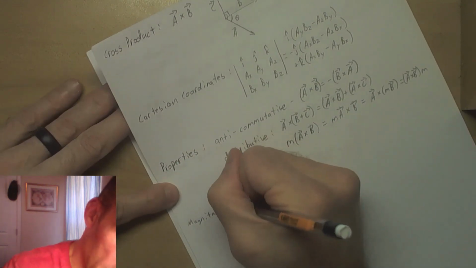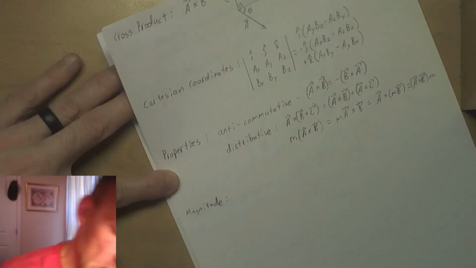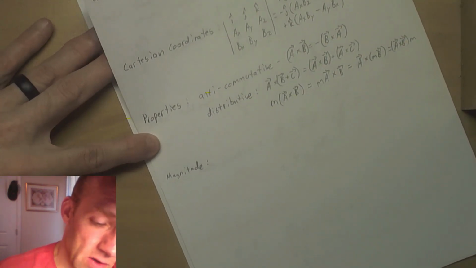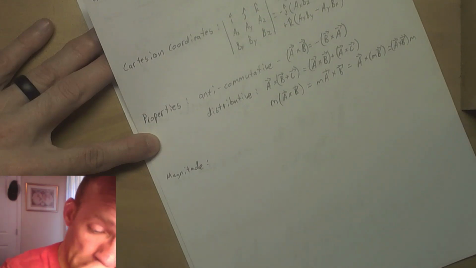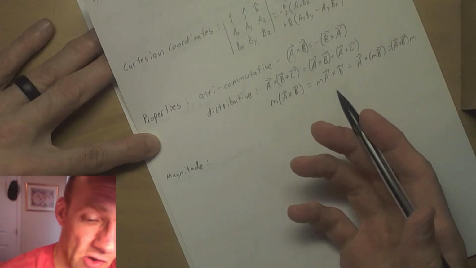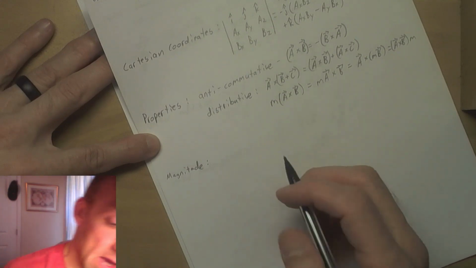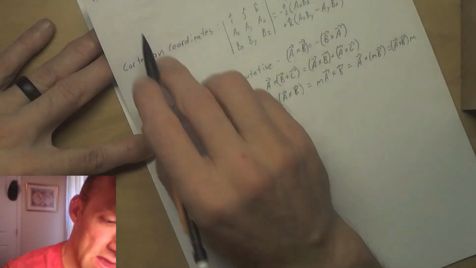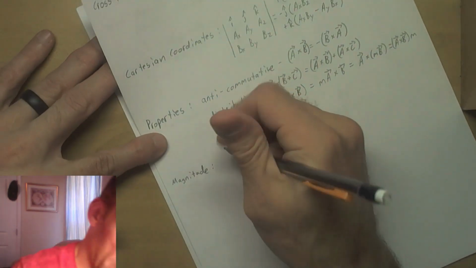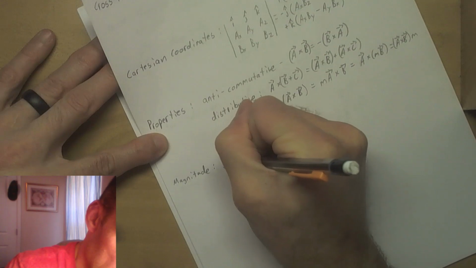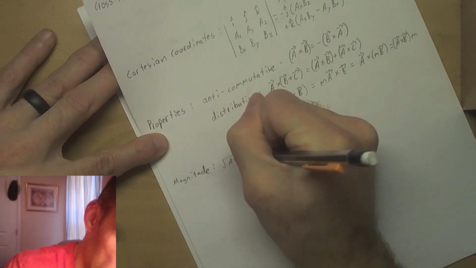To find the magnitude of a vector, there's a couple of ways. Essentially, it turns into just an application of the Pythagorean theorem. But in terms of these other vector properties, the magnitude is the square root of the dot product between a vector and itself.